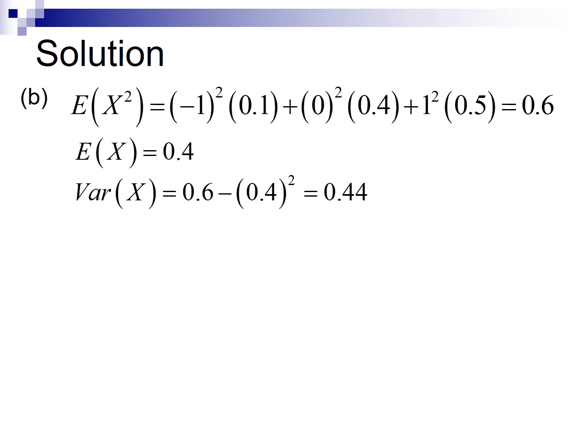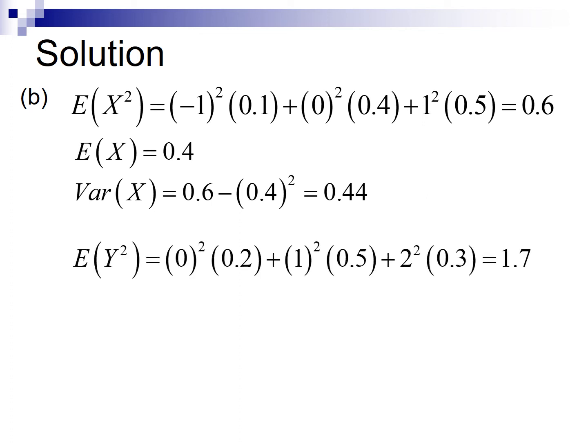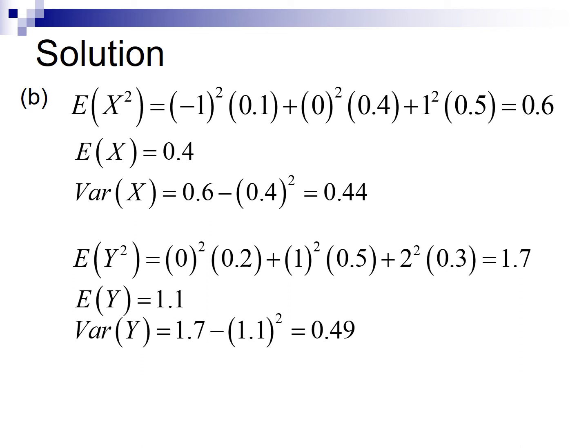So the variance of X is E(X squared) minus the mean squared, which is 0.44. Then to get the variance of Y, you need to find E(Y squared), which is 1.7. And then the variance of Y is E(Y squared) minus E(Y) the whole thing squared. In other words, 1.7 minus the mean squared, so you have 0.49.